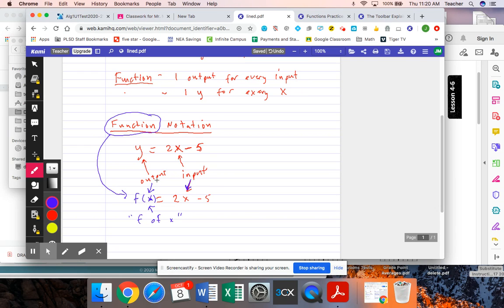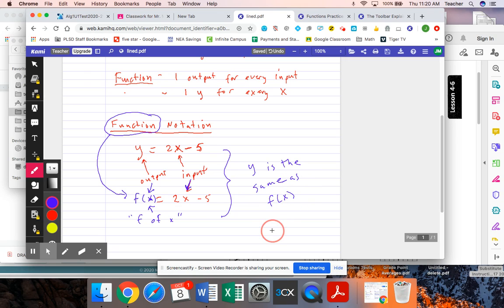It's just going to be called f of x. All right? So you'll be able to put things into x and get things out of f of x or y. All of that really just means y is the same as f of x.